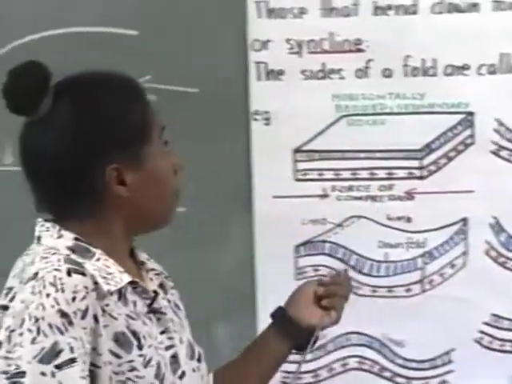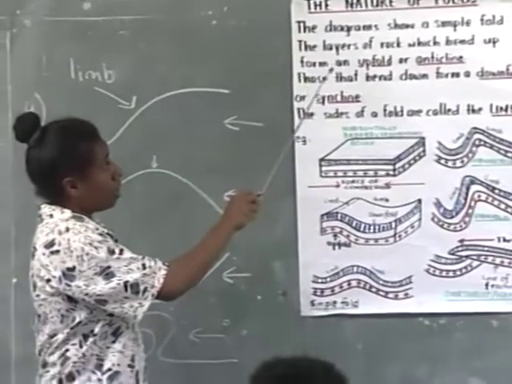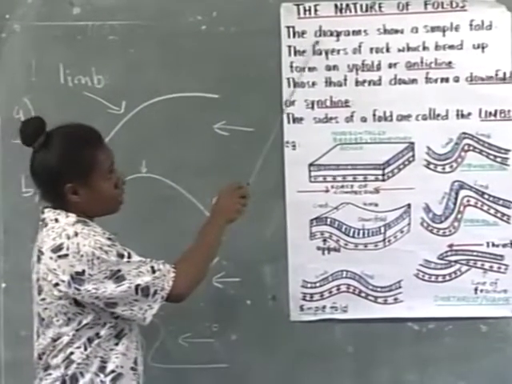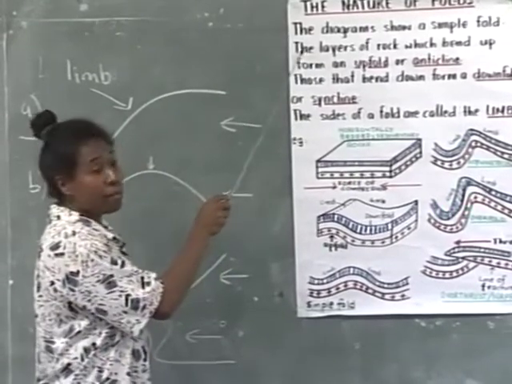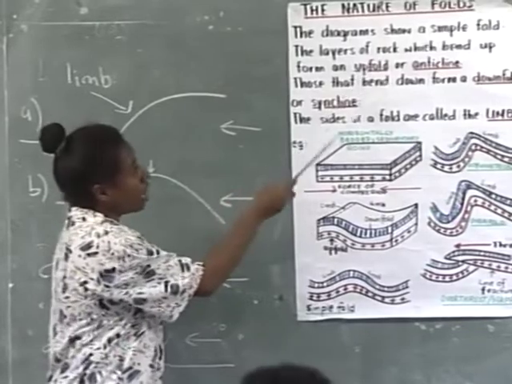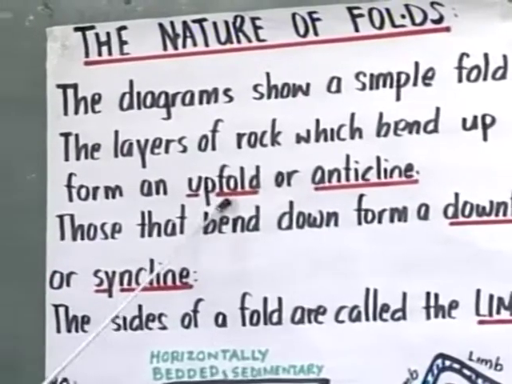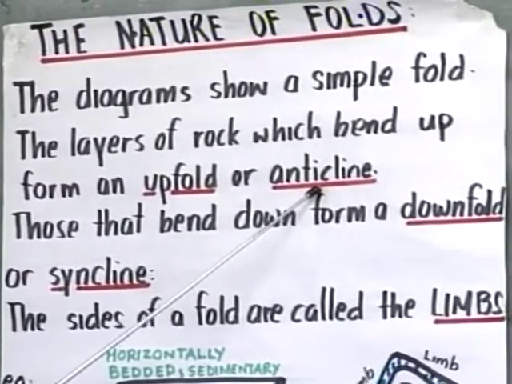On the chart here, I would like to also show that the diagrams that you see here from the information on the chart show a simple fold. The layers of rock which actually bend up would form an upfold, or the correct term that we'll use will be an anticline.